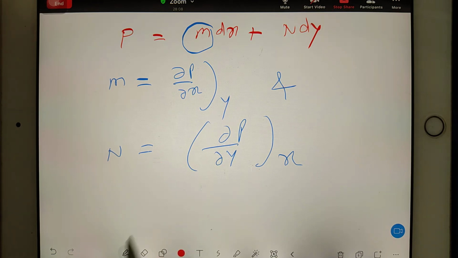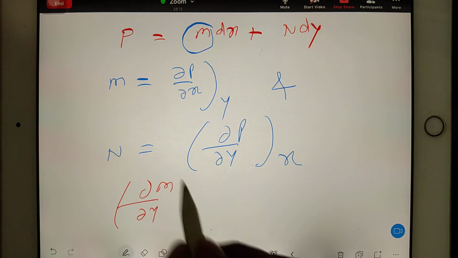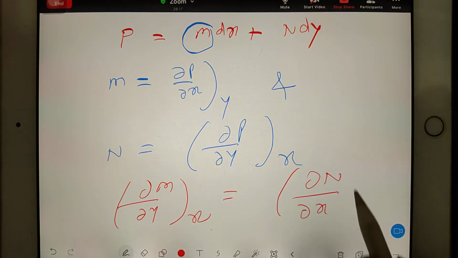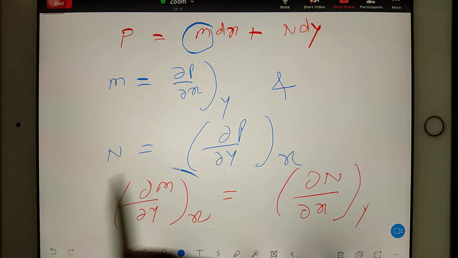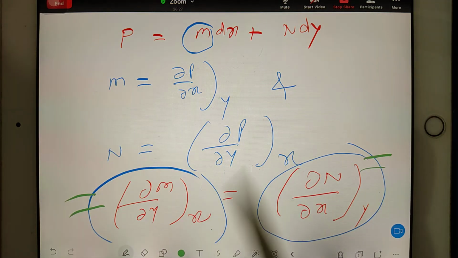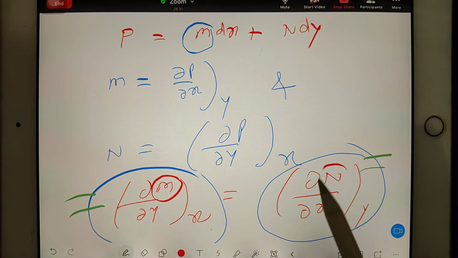After that you have to check whether dou M by dou y for constant x is equal to dou N by dou x for constant y. If these two are matching, then you can say the given property is a point function.